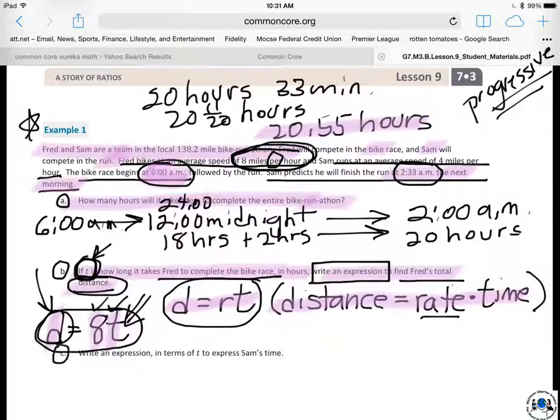What they want you to do here is write an expression in terms of t to express Sam's time. Go ahead and use information from the other parts to express Sam's time. Look for what we know and what we have solved already.